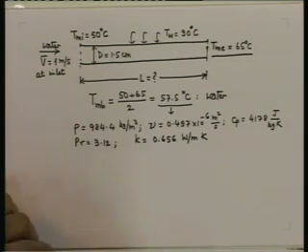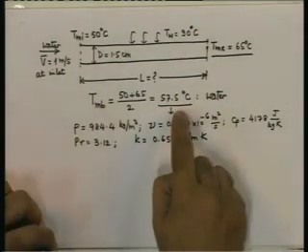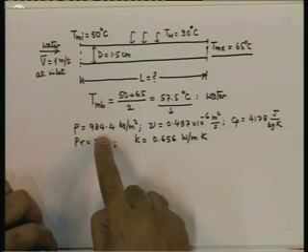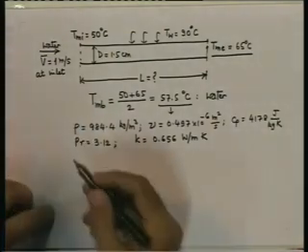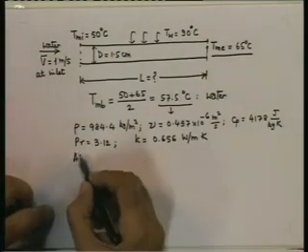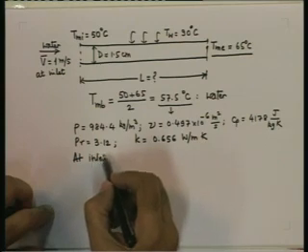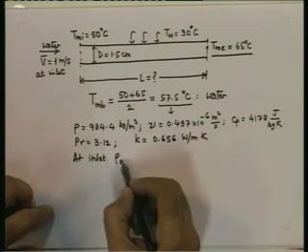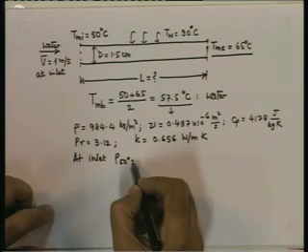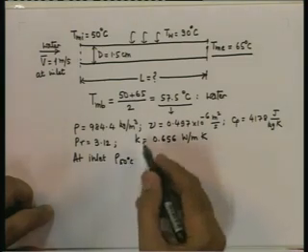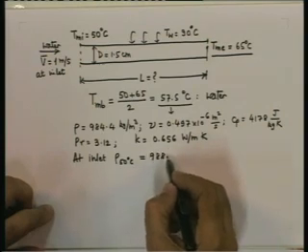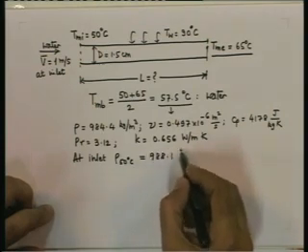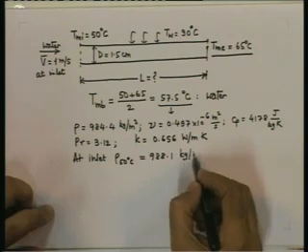Now, we need to know the velocity at the bulk mean temperature, where the density is 984.4. What is specified is velocity at inlet. So, we need to determine at inlet, density will be density at 50 degrees C, and this turns out to be 988.1 kg per meter cube.